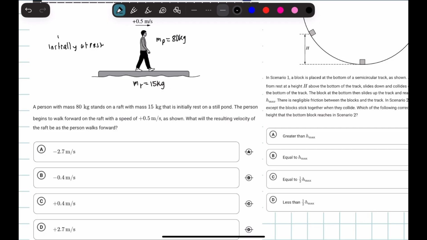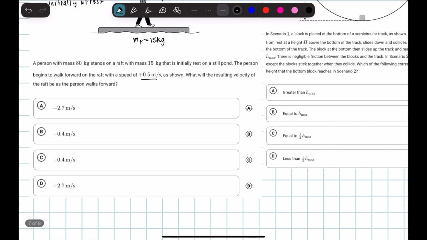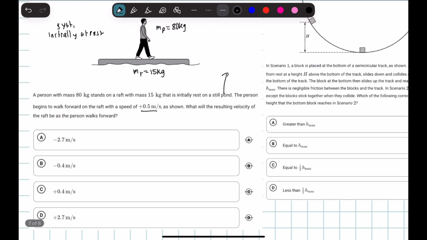It's initially at rest, the system, and then this person is moving positive 0.5 meters per second relative to the ground. And also, the pond is still. So there's no external horizontal net force.